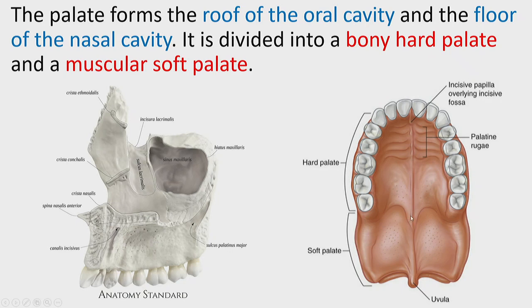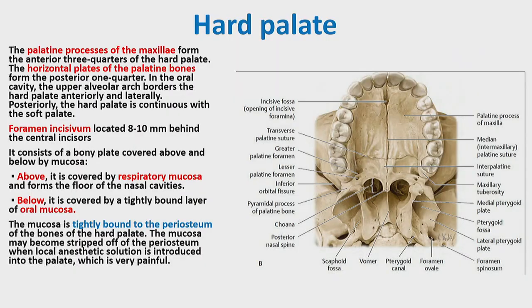The palate is divided into the anterior portion, which is the bigger portion, the hard palate, and it is mainly the osseous or bony part, covered by the mucous membrane and periosteum, and the posterior part, the soft palate, which is mainly made of muscles and dense connective tissue.